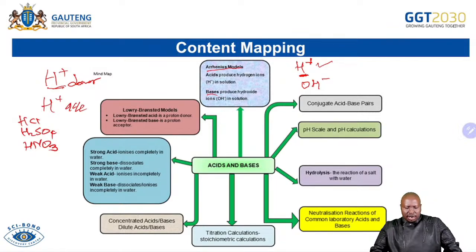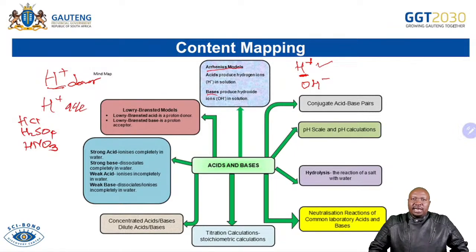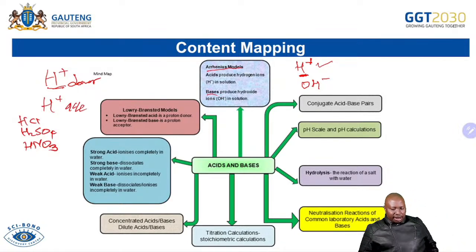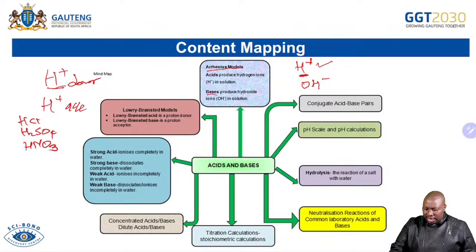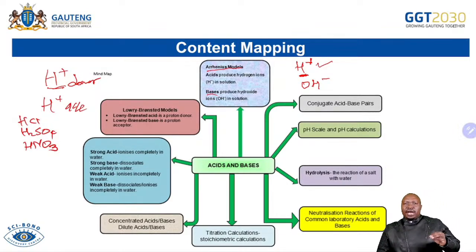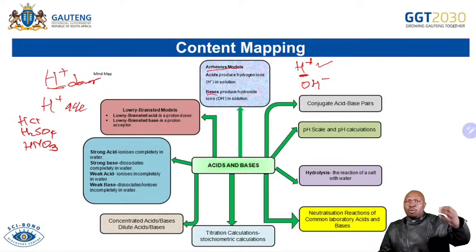So these are the common strong acids that we have, which are hydrochloric acid, sulfuric acid, and nitric acid. You must know them and know how to write them as expected by your exam guidelines. And by definition, a strong acid ionizes completely in aqueous solution or in water.